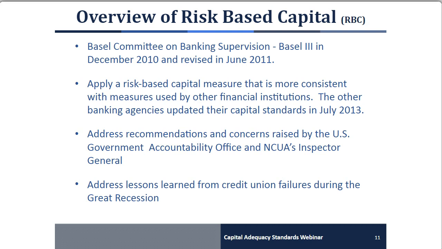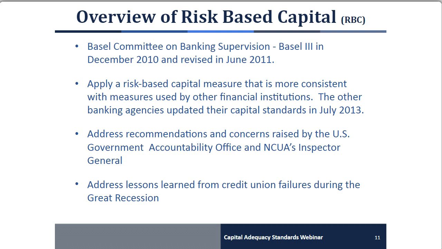The evolution of risk-based capital also needed to address recommendations made by the U.S. Government Accountability Office and NCUA's Inspector General. Both suggested more forward-looking measures needed to be incorporated into capital standards to detect problems earlier.